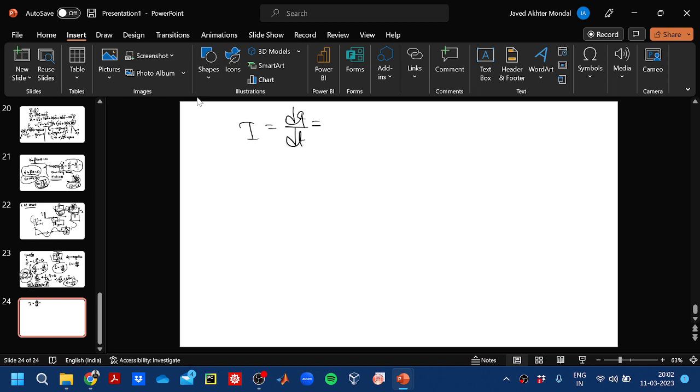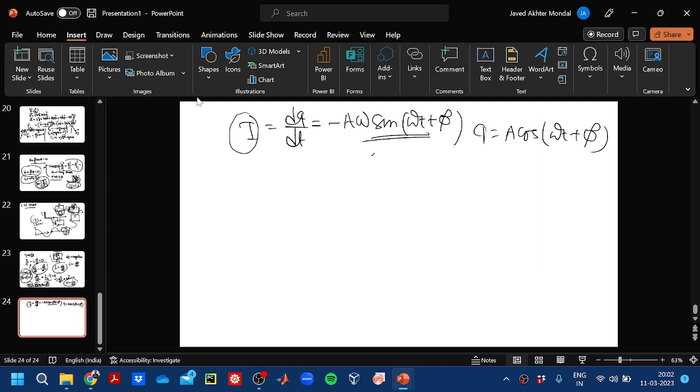So q is A cosine of omega t plus phi, and I will be minus A omega sine of omega t plus phi. We can see that the current also has an oscillatory solution.